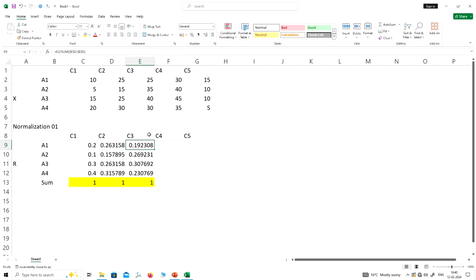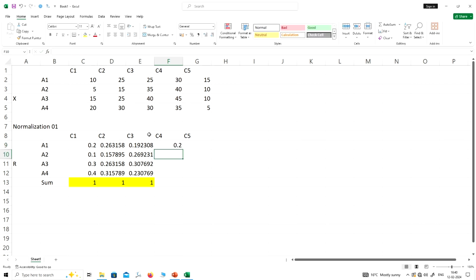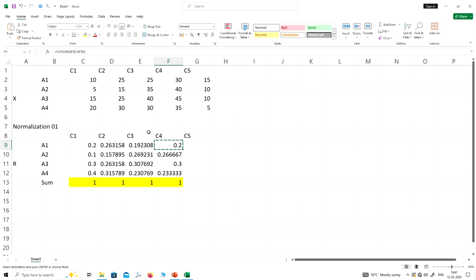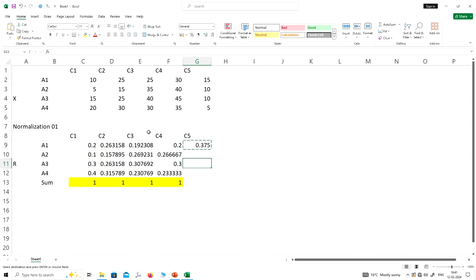When I go to column F, again normalized 1, and when I consider G, so again normalized.